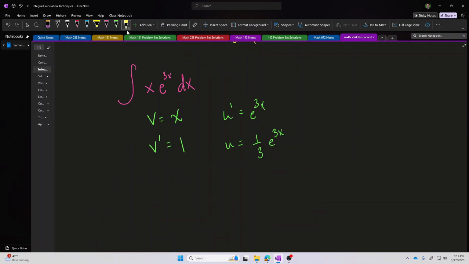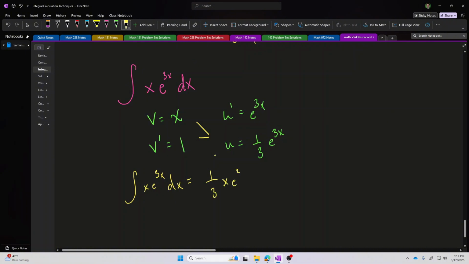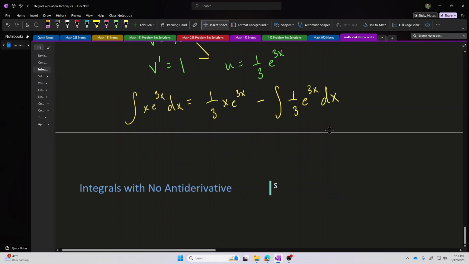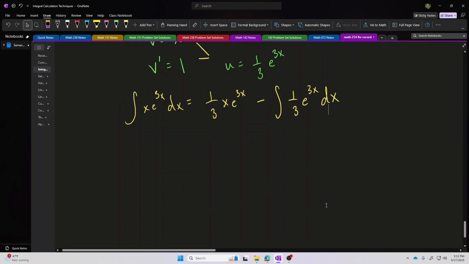So then if I put that information into the right half of the integration by parts formula, I find that this integral is equal to x times u, or I should say v times u, which in this situation is x times 1/3 e to the 3x, minus the integral of v prime times u. Now this integral in the back is much easier to solve than the original integral because it does not contain a product.